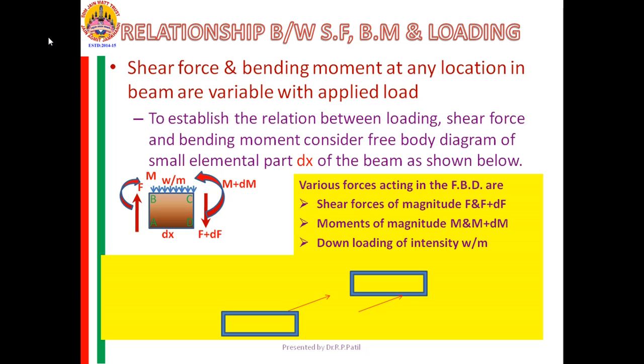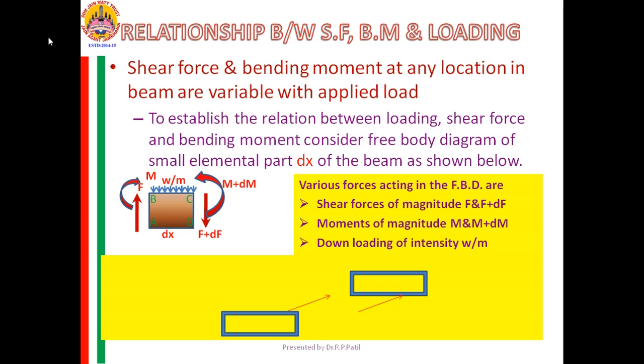In the examination, you draw this diagram: a small part of length dx subjected to a load of W per meter run. On one side, the shear force is F and the bending moment is M. On the other side, the shear force is F plus dF and the bending moment is M plus dM.